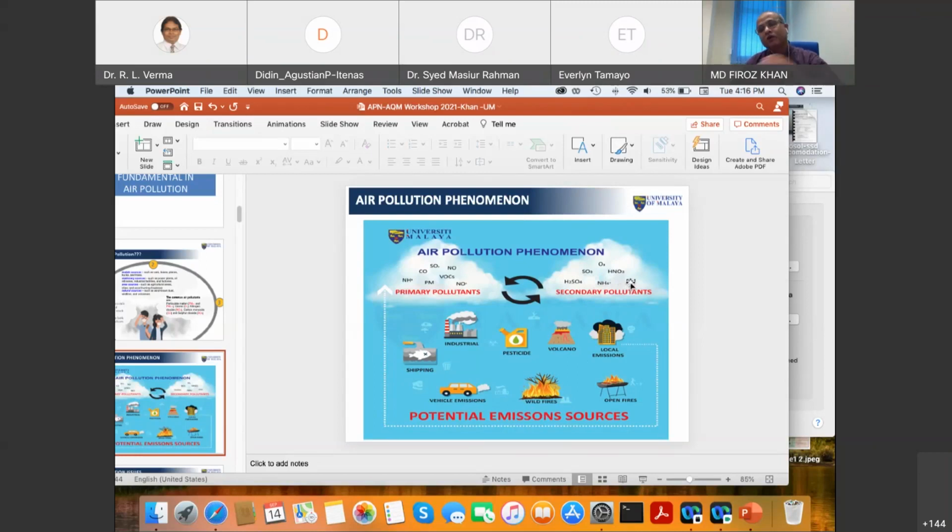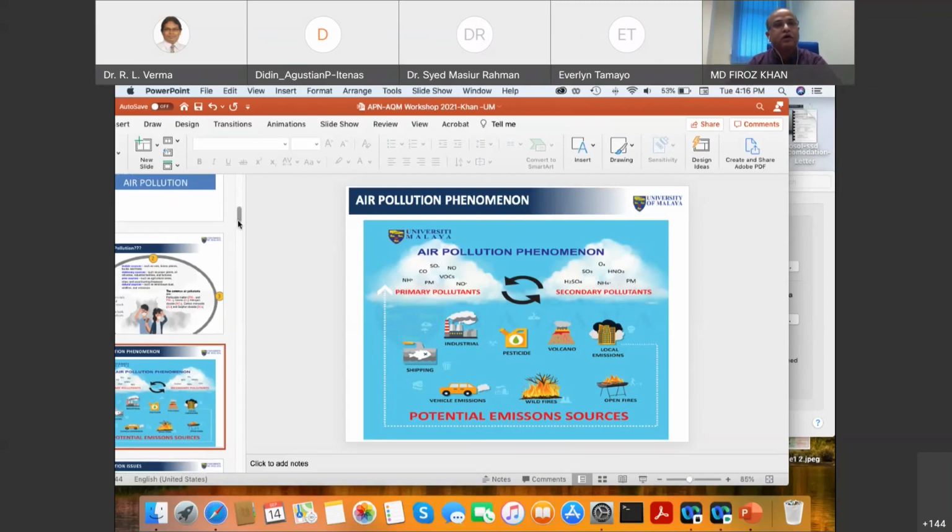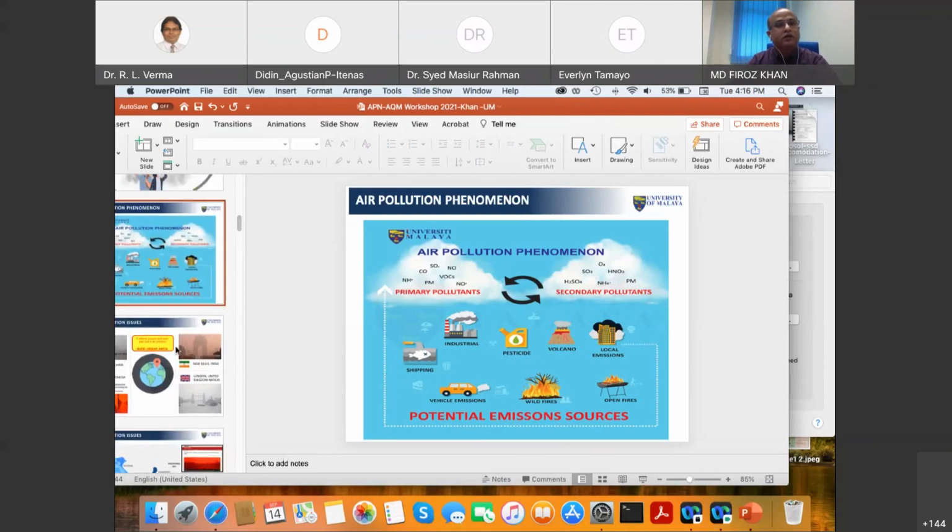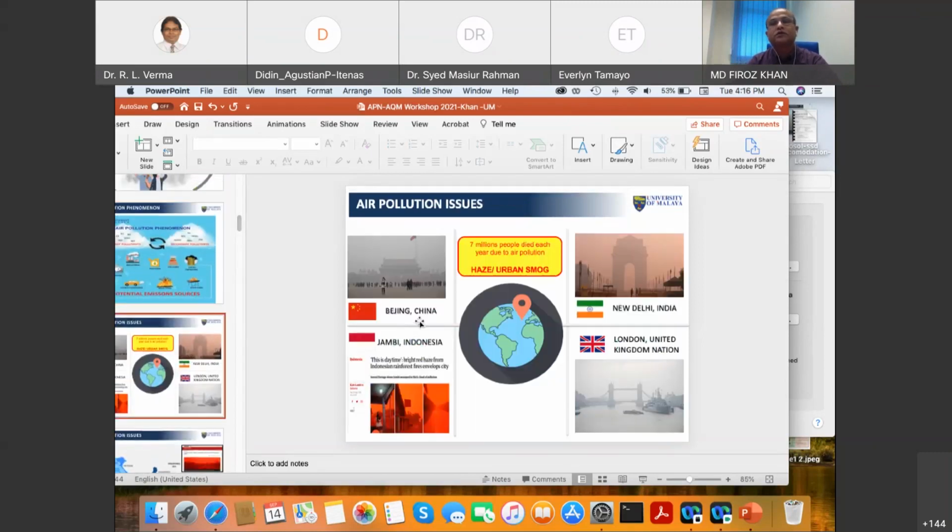If we go through the literature, we may find a detailed explanation of how these processes keep occurring. So let's move on to our next slide here. The air pollution that we want to discuss in more detail. This air pollution issue is not only an issue at our local scale, it is a regional problem, it is a global problem.